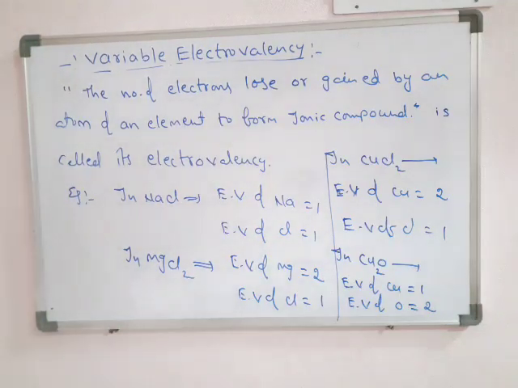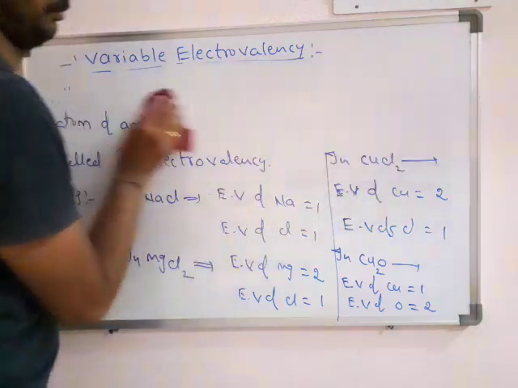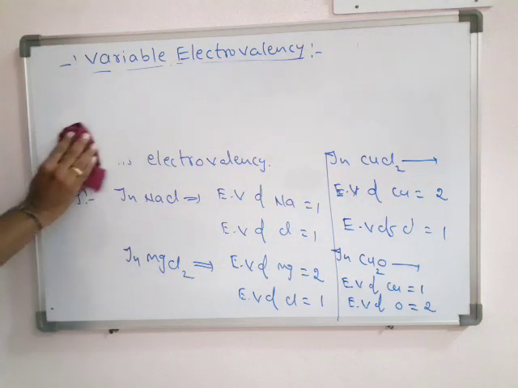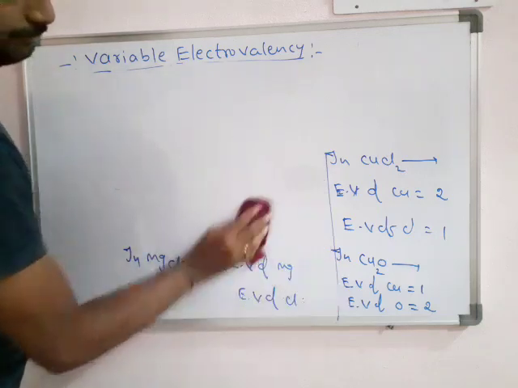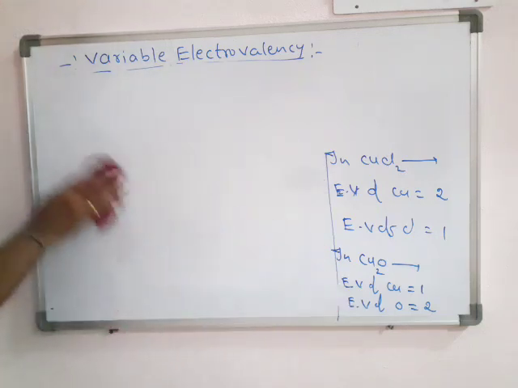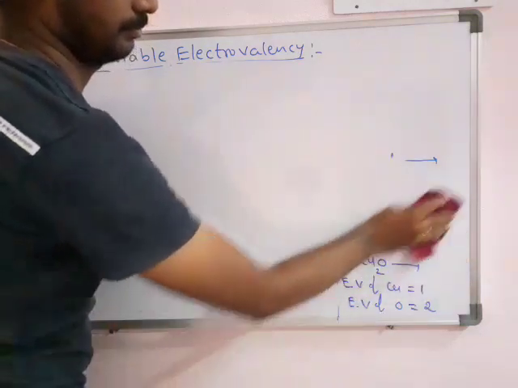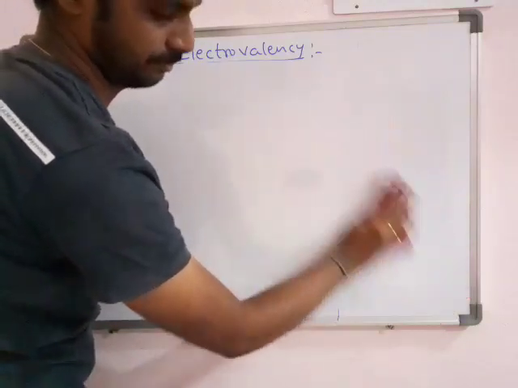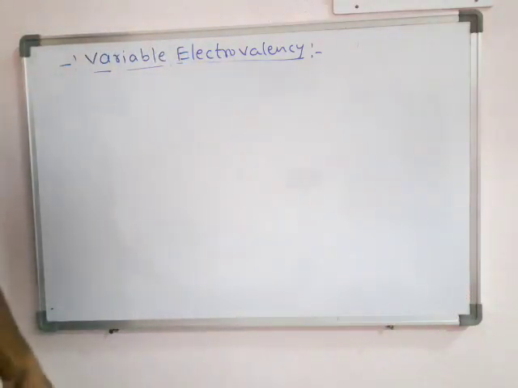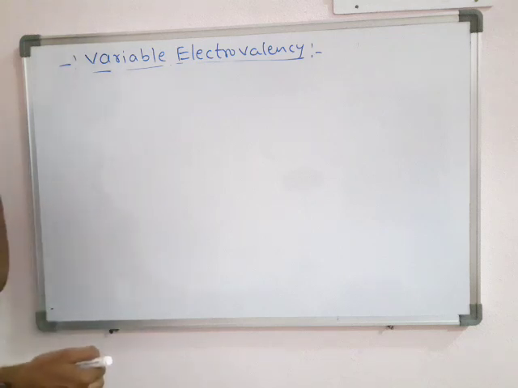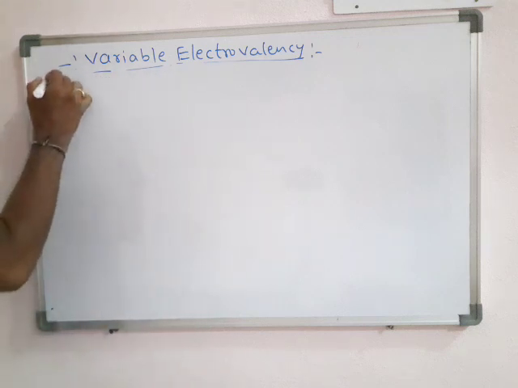Take down the examples. So we take some other examples, and now we define what variable valency means.